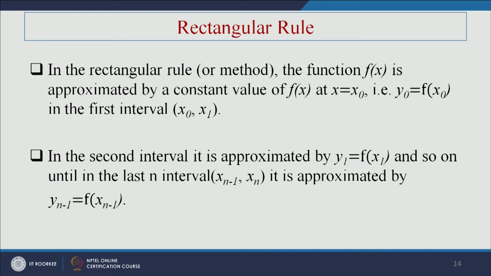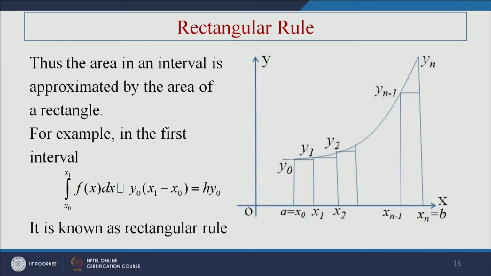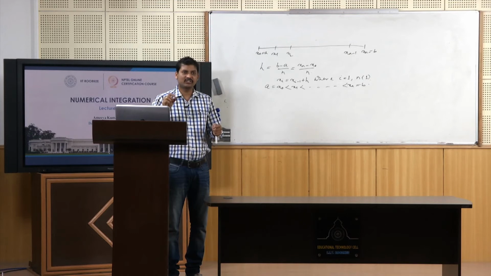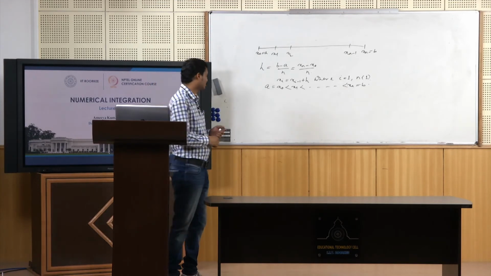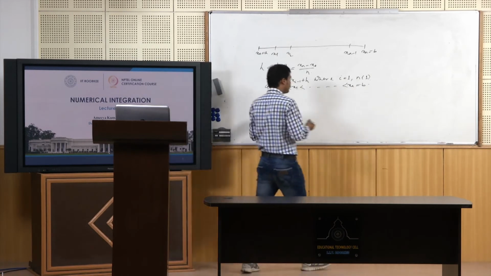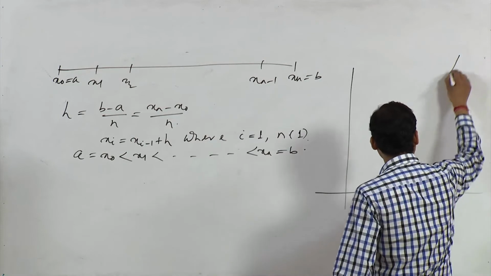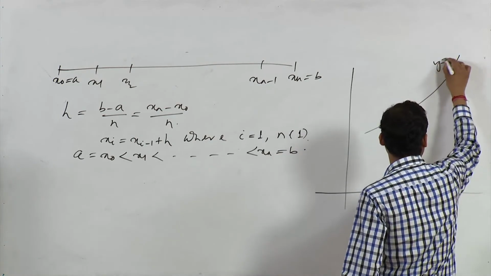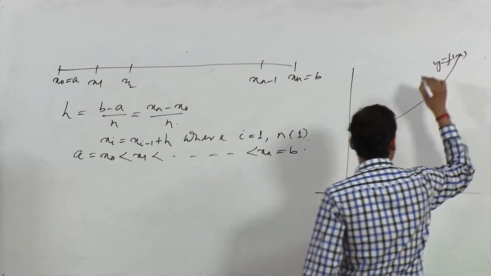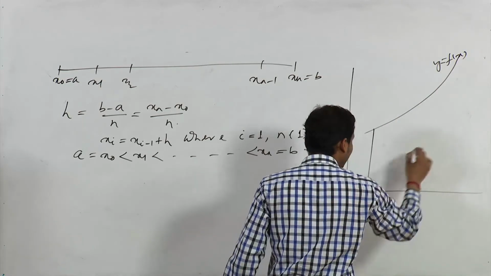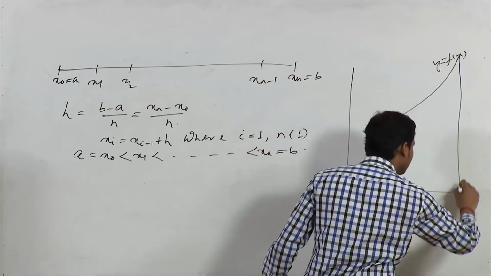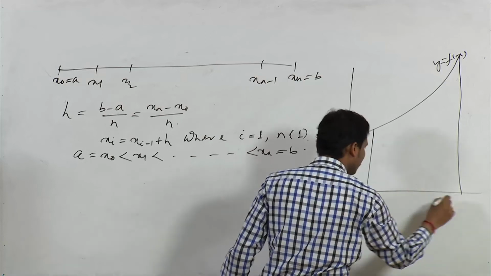And in that case, we can write this integration in the form of a cross section, and if you divide each of these intervals into rectangular sections, suppose y equals f of x is given to us, and it is asked to evaluate this integration within the range a to b.